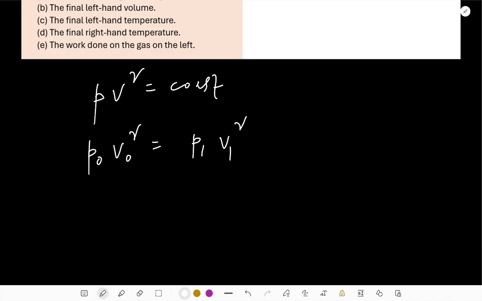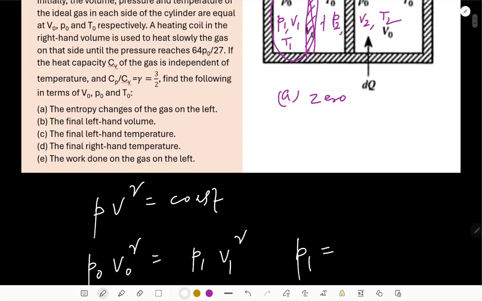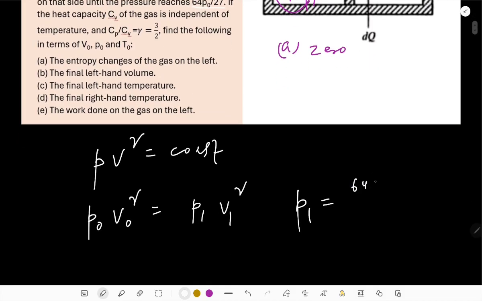We already have the pressure value in the new condition, because in the new equilibrium the pressure in the left hand and right hand sides must be equal, otherwise equilibrium has not been reached. That means pressure in both sides, P1 and P2, but I would like to write here P1. P1 is given in the problem, that is 64 P0 by 27.